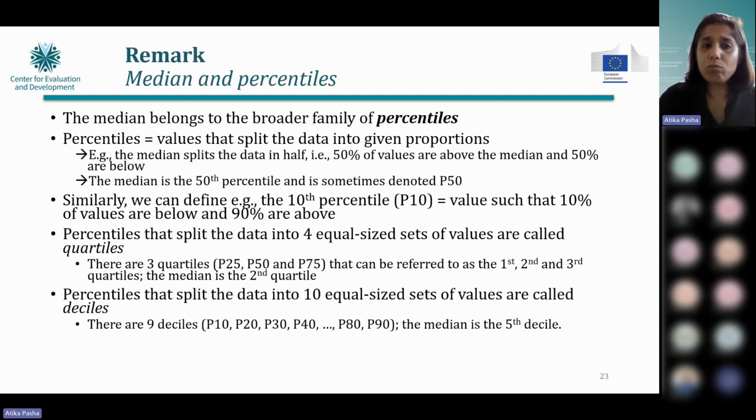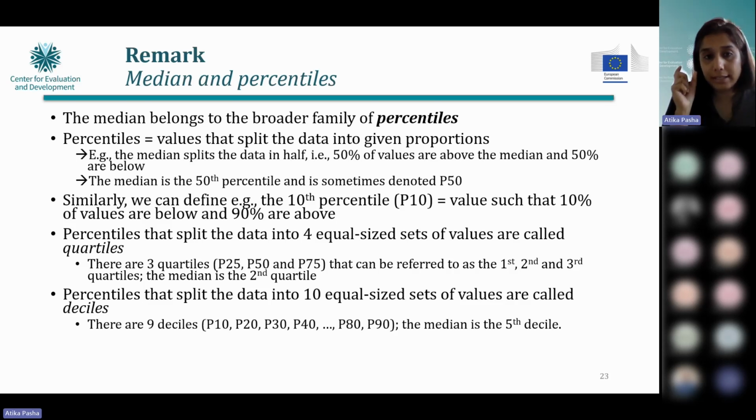You can also divide it into 4 equal-size groups instead of just 2, and these are called quartiles, at P25, P50, and P75. Through these 3 splits, we've made 4 different groups. Again, here the median sits between the second and the third group, so between the second and third quartiles. And finally, you can continue dividing the sample as much as you like. Here we have an example of 10 equal-size sets.